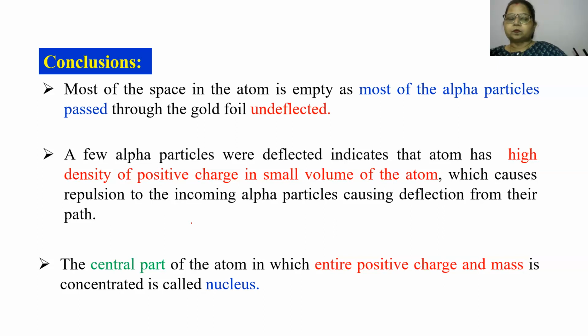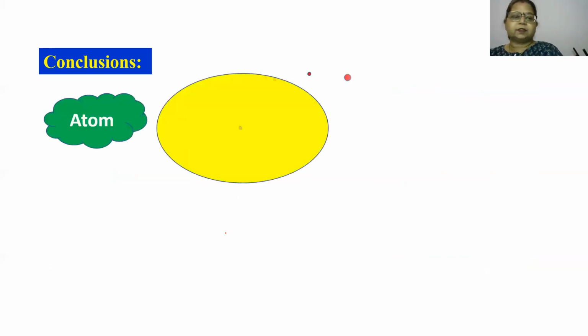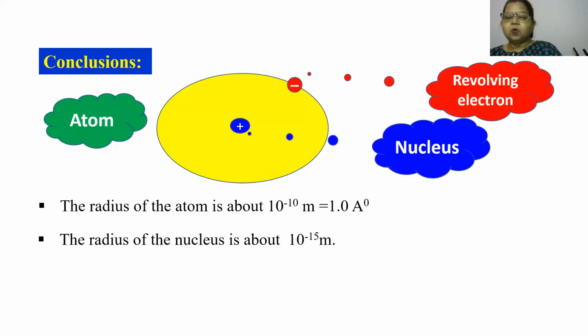Now, since only very few particles moved back at 180 degrees, that means the positive charge is concentrated at the center, and that is called the nucleus, right? So that's how we assume the nucleus. Again, this data is important: the radius of the atom is 10 to the power minus 10, and the radius of the nucleus is 10 to the power minus 15 meter, right?